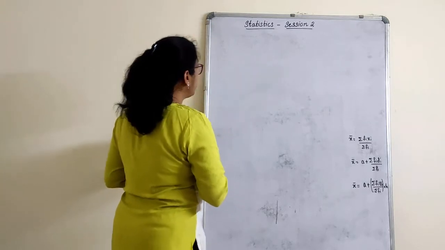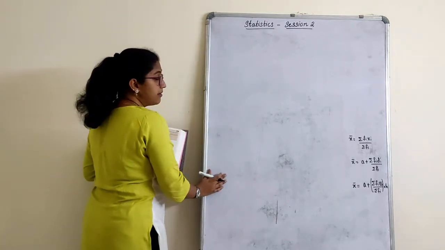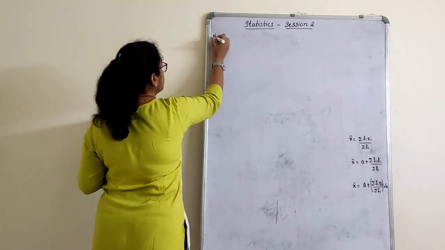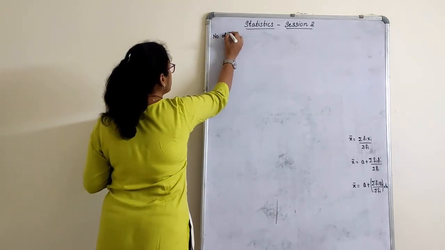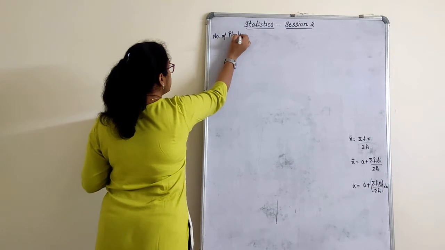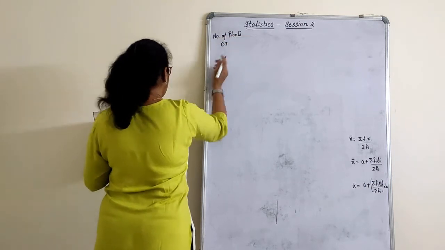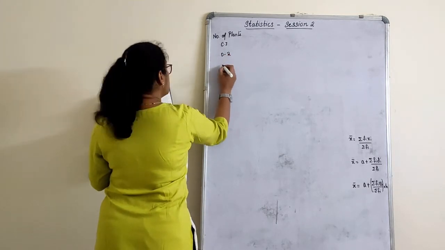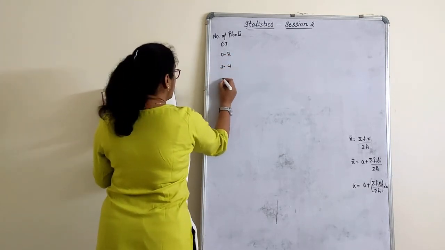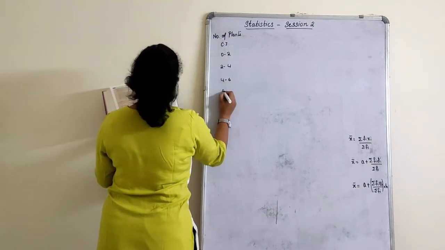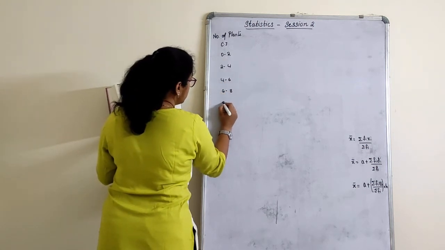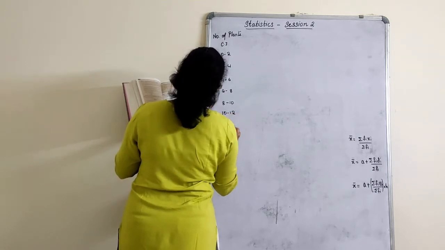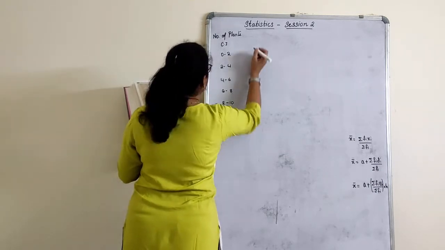Now always when data is given, write it in this manner. Here the number of plants is nothing but your class interval. So the class intervals are 0 to 2, 2 to 4, 4 to 6, 6 to 8, 8 to 10, 10 to 12, and 12 to 14.